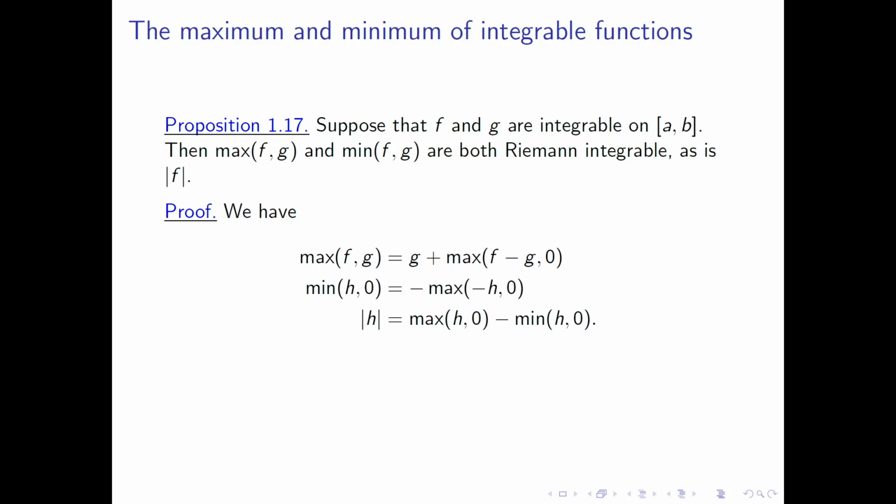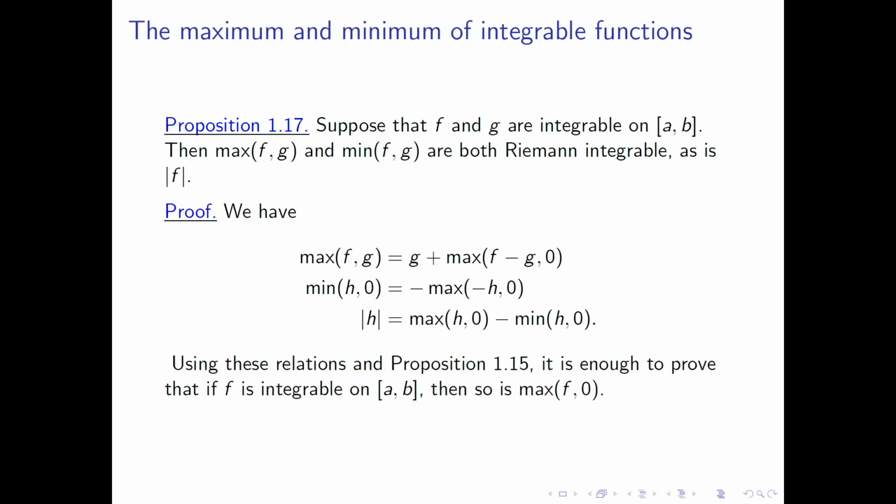Okay, so these are all pretty basic equalities, but instead of having to prove lots and lots of different things are integrable, all I really need to do is show that this maximum of f and 0 is integrable. And that's going to make my life a lot easier. Okay, so I've got an integrable function f, and I need to show that the maximum of f and 0 is integrable.